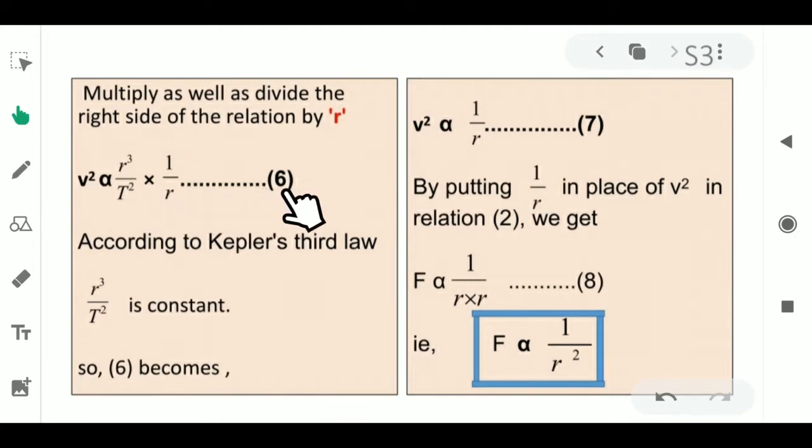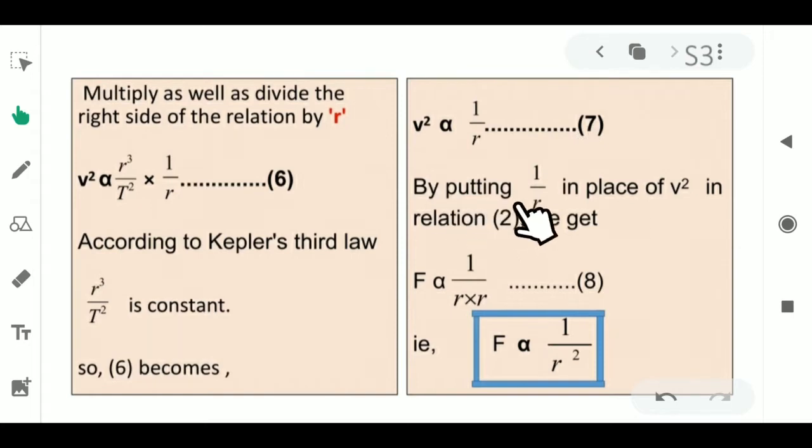This is relation number 6. According to Kepler's third law, r cube by t square is a constant, which we have already discussed in the previous slide. Therefore, relation 6 becomes v square proportional to 1 by r, because r cube by t square is a constant. It can be taken as relation number 7.